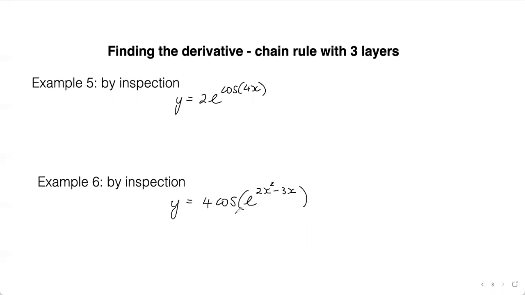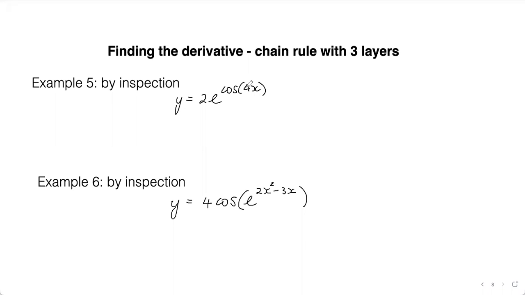Now here I'm going to show you how we can apply that derivative by inspection to a couple of harder ones, because basically with the chain rule, we can have as many layers as possible. There's no limit to how many layers you can have. So just here's an example with 3 layers. So we go through that same process, but this time we just have three things.